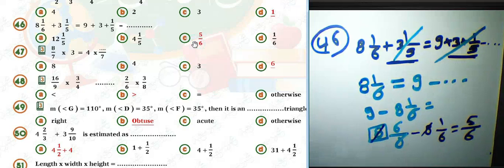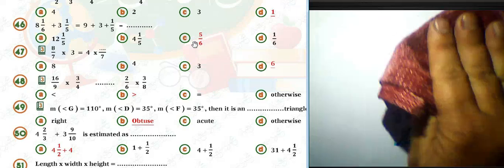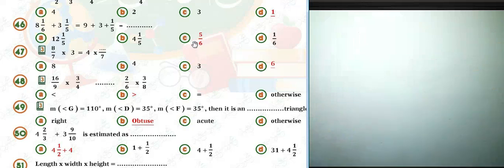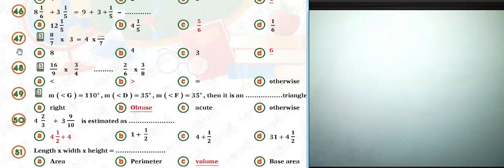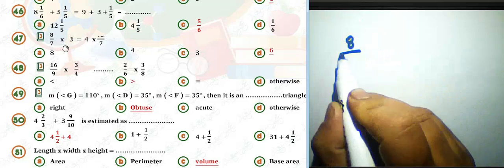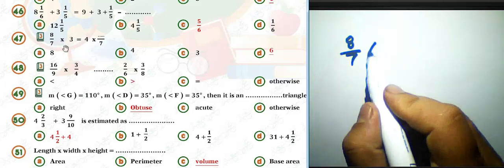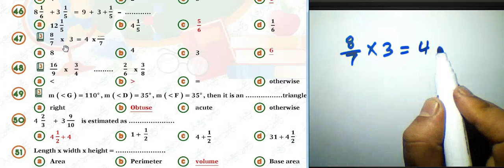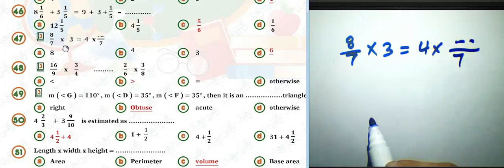Question 47. Okay, my students. Question here, 47. 8 over 7 multiply 3 equal 4 multiply space over 7.